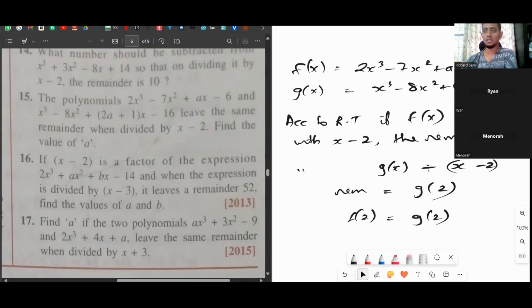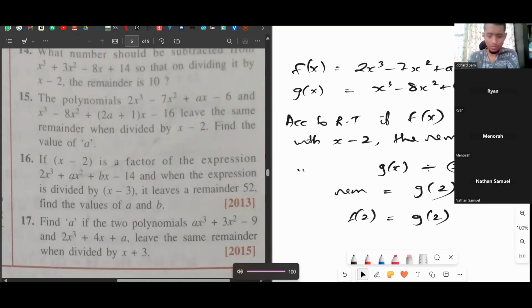6. Others? 10. Online? What did you get? Minora, Nathan, did you do the sum? What sum did you get? I think that's the last sum we did here, right?